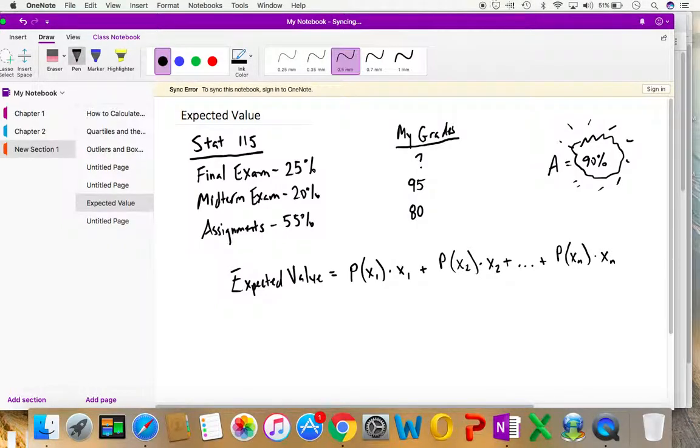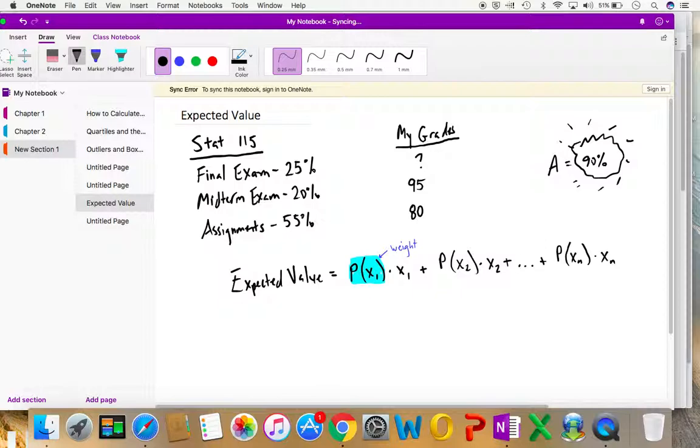I also like to call this part of the equation, where we see this probability, instead of thinking of it as the probability of it going to happen, maybe more like the weight. In this case, when we talk about something like a course grade, it's not the probability that I'm going to get an assignment. It's the weight of that assignment being 55%.